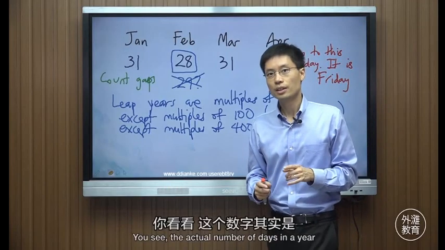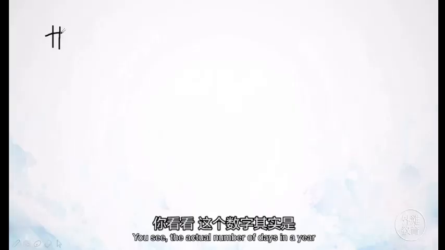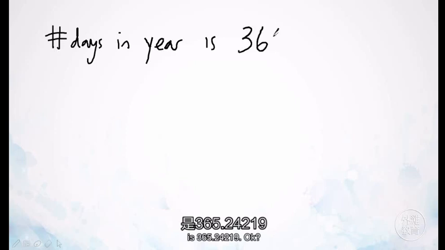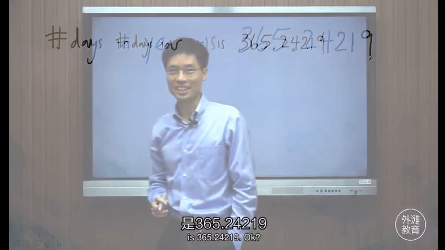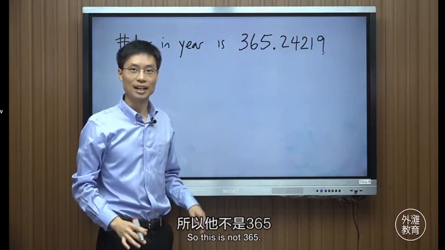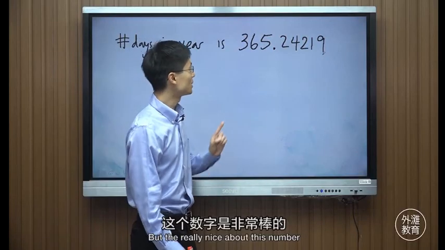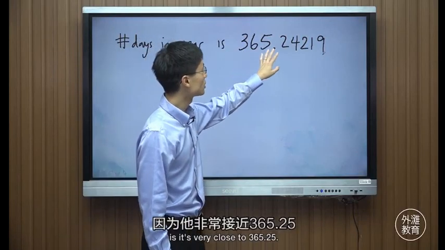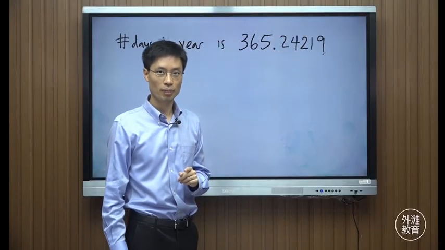You see, the actual number of days in a year is 365.24219. Okay, so this is not 365. But the really nice thing about this number is it's very close to 365.25.